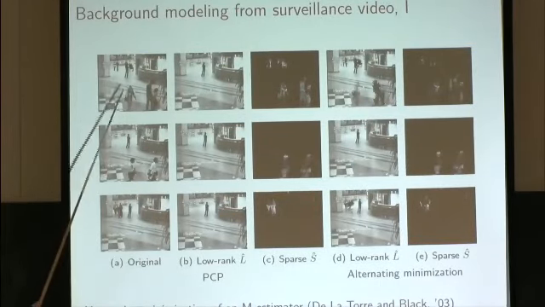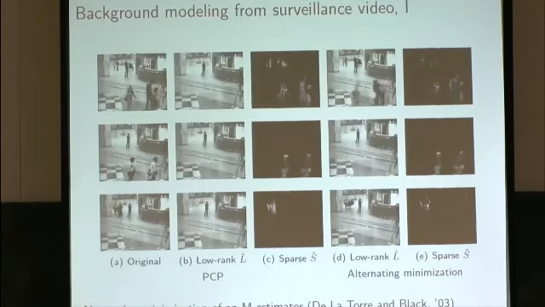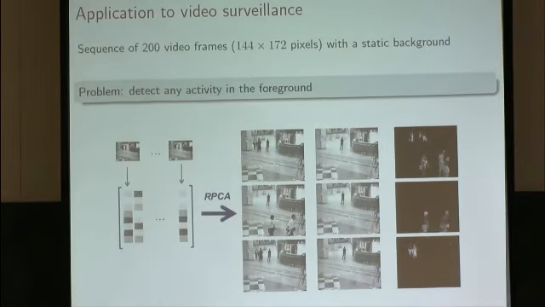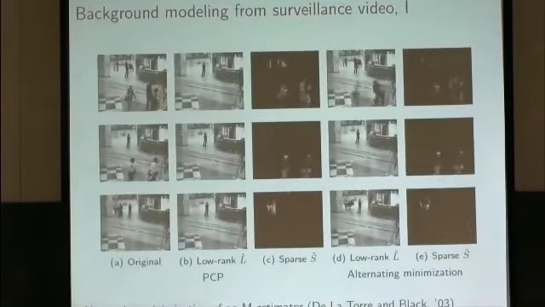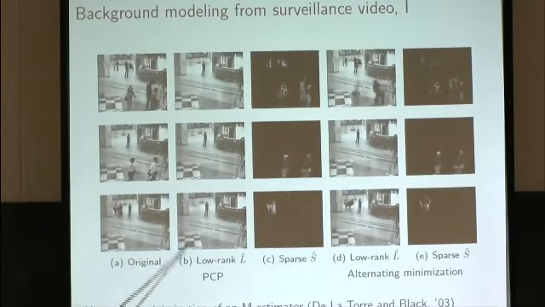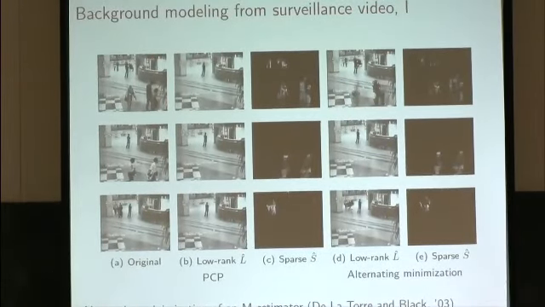So this is 3 frames out of a sequence that has about 2,100 frames. So I show you 3 frames. Here you see the low-rank component that looks like background to me. Here you see the sparse component that looks like people moving about the airport. That is after you do background subtraction.